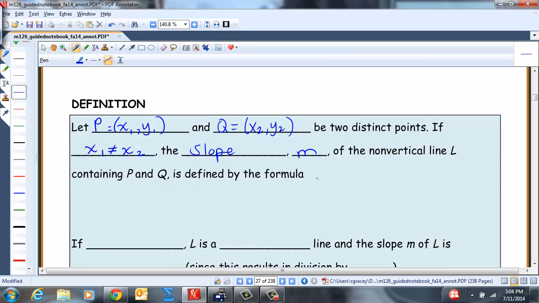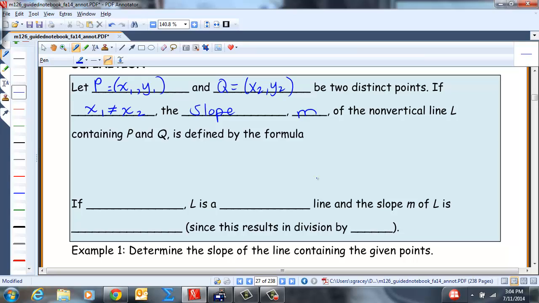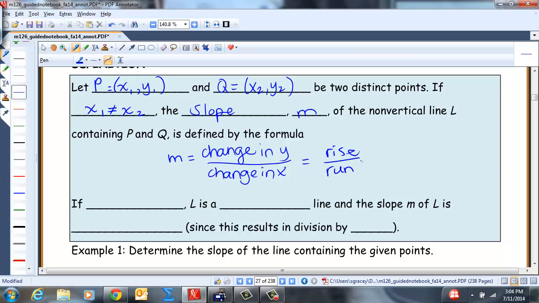L containing these 2 points, is defined by, you're thinking of it as the change in y over the change in x, which is rise over run, which we can actually put as y2 minus y1 over x2 minus x1 for computations.